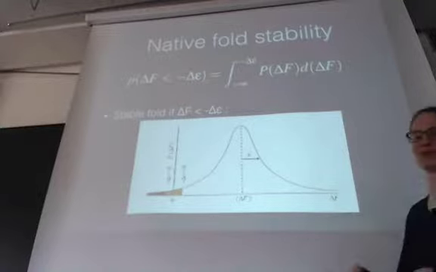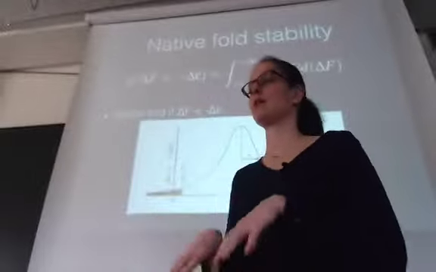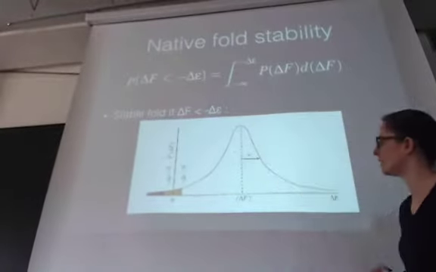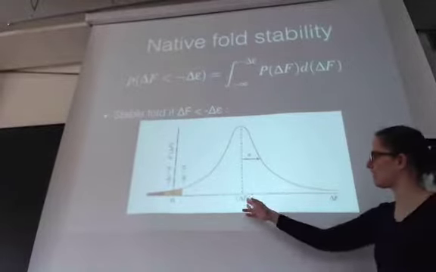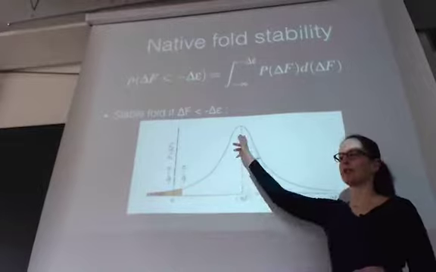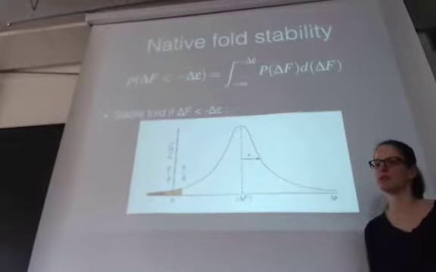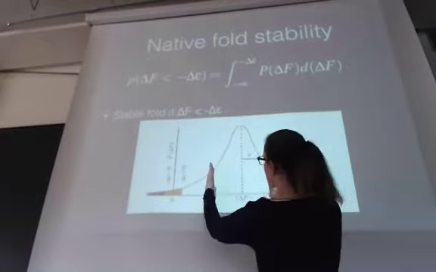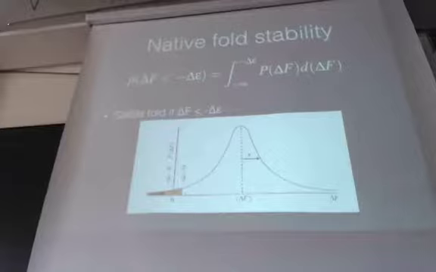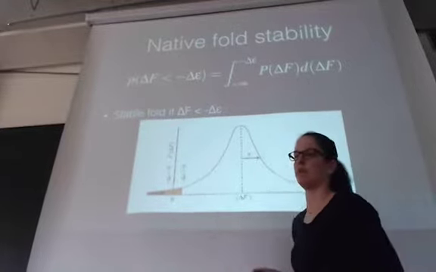Yes, so if you draw random sequences from everything that's possible, they're going to fall into a Gaussian shape with average free energy delta F, which is the center of this distribution, and with a spread, the standard deviation. So 70% of the sequences are going to fall into this interval, centered around delta F. The question is, where is delta F compared to 0?